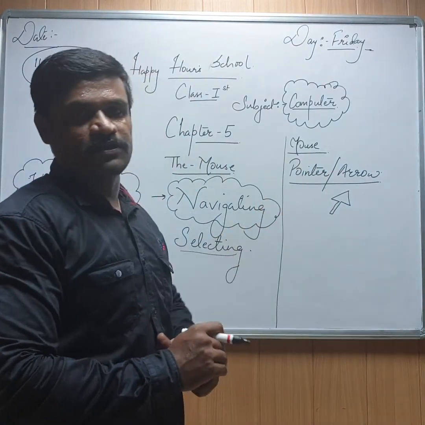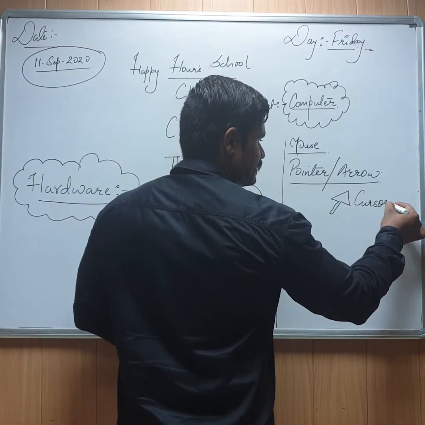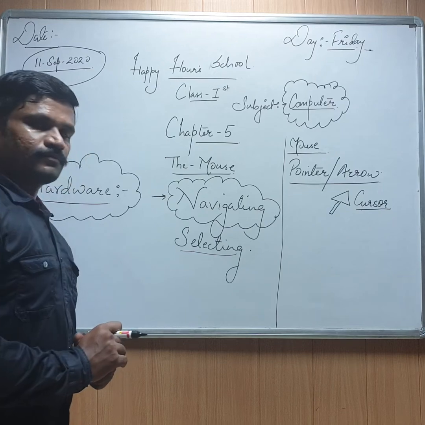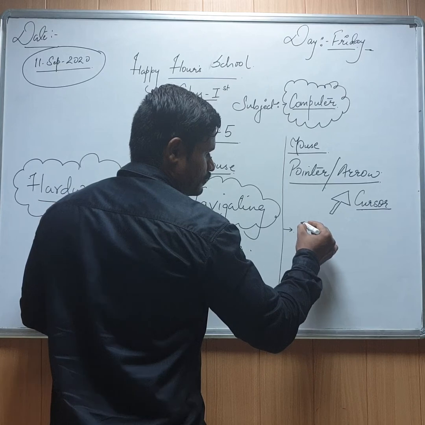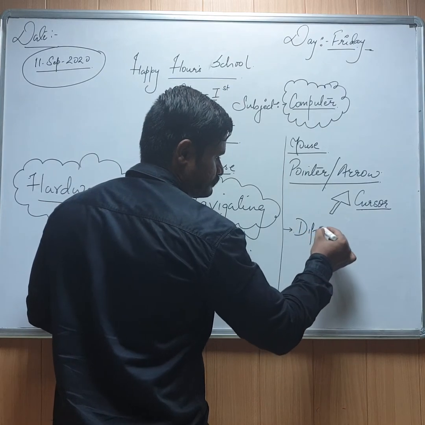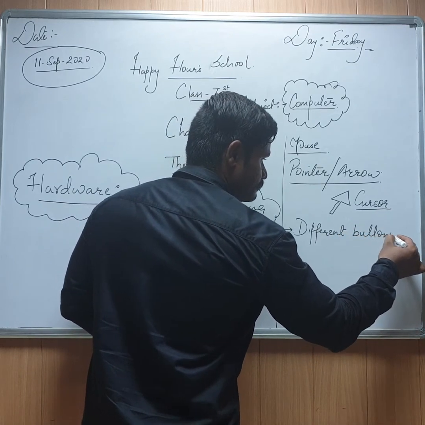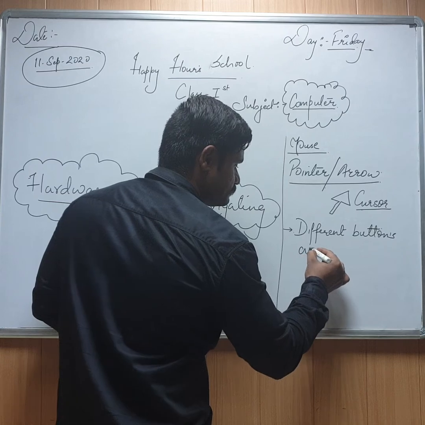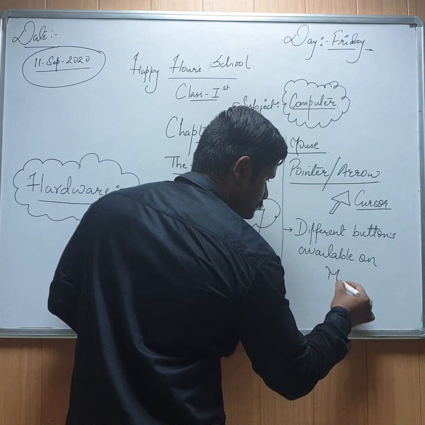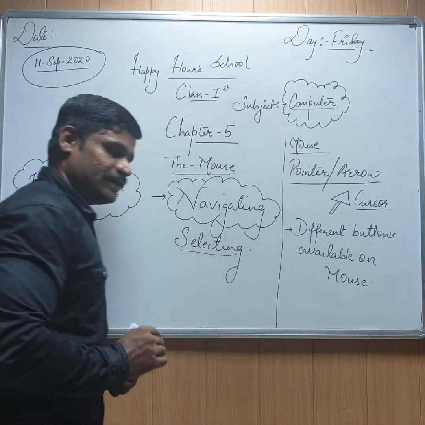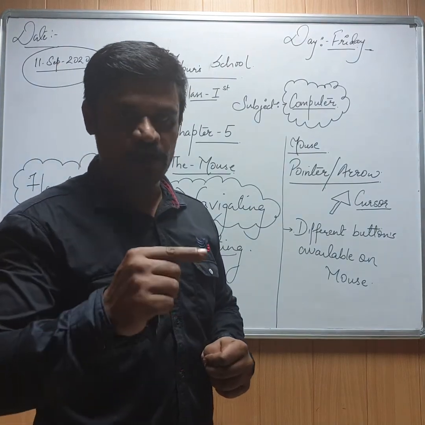This is the arrow or the pointer, or you can say cursor. Third part, we will be studying about the different buttons available on mouse, that is the left button, right button, and the scroll wheel.